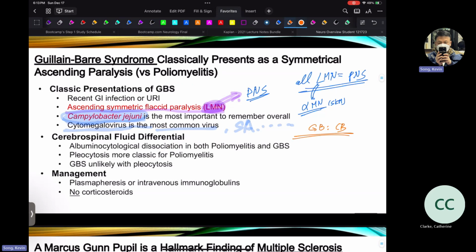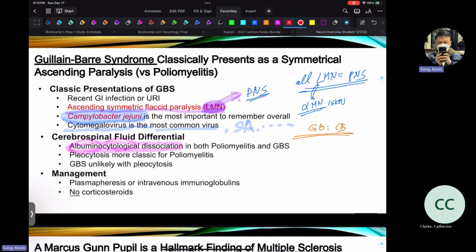Another thing very, very, very important is albuminocytological dissociation. What does this mean? It's about protein. Think about this: is this a CNS problem or a PNS problem? A PNS problem, right?